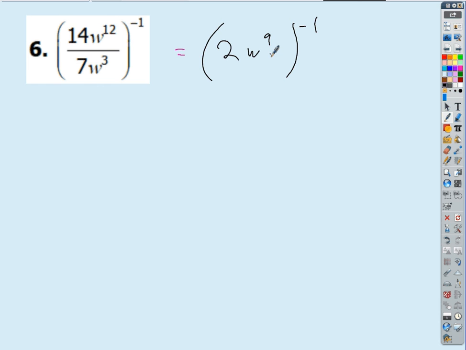So another question that comes up along the way: what if I have something like a over b to the negative m? You flip it. There you go. Anytime I have a fraction to a negative exponent, I could flip it to the positive exponent. Everybody see that trick? Yeah. Right?